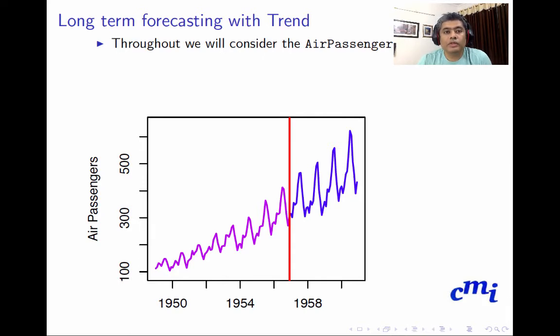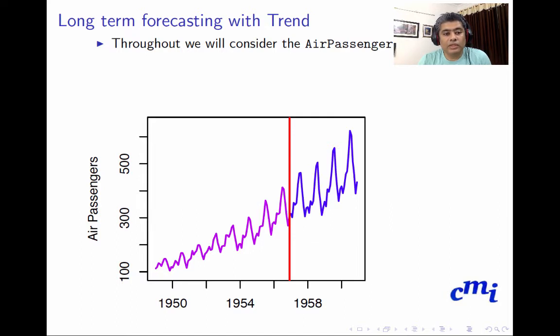First, we will focus on long-term forecasting with trend. Throughout this lecture, we will consider a very popular time series dataset in the data science community called the AirPassengers dataset. The dataset spans from 1949 to 1961.